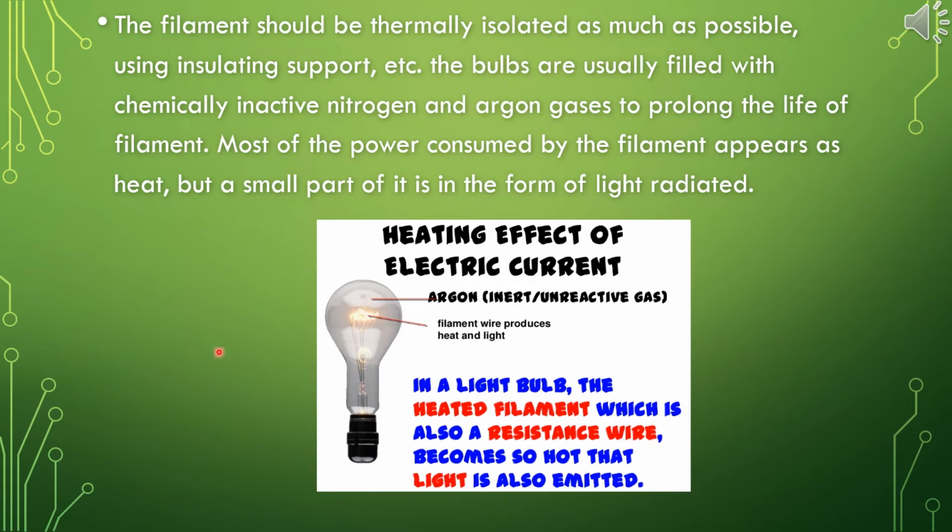Look at the below figure where argon or any inert gas is filled and the filament wire produces heat and because of the heat it gives light. And remember children, in a light bulb, the heated filament, which is also a resistance wire, becomes so hot that light is also emitted. So maintaining the temperature of the filament is very important and it should not melt. That is the reason the bulb is a very good example for application of Joule's law of heating effect.